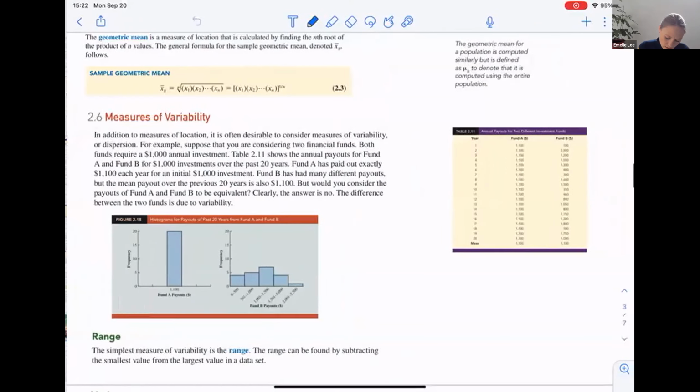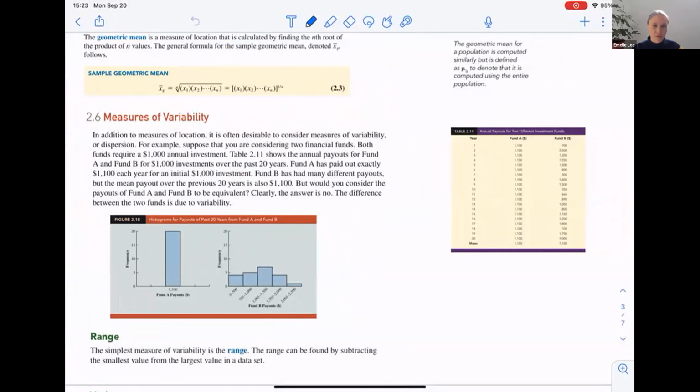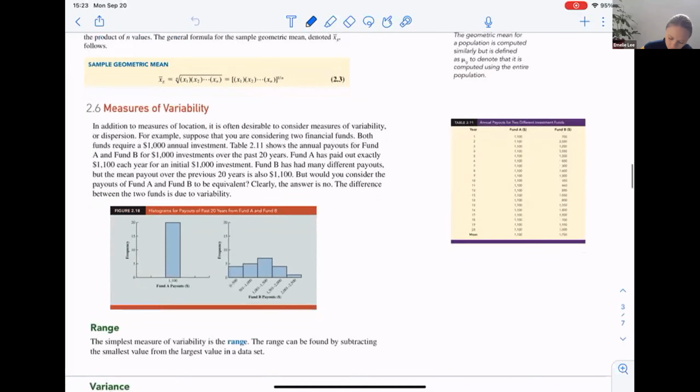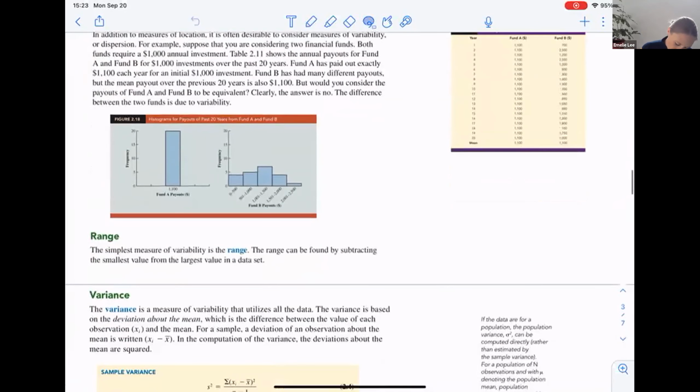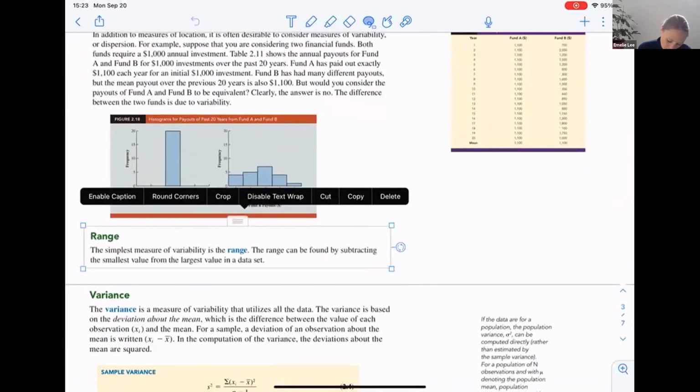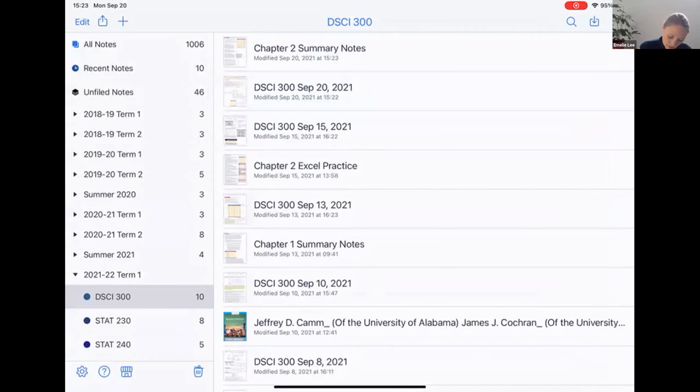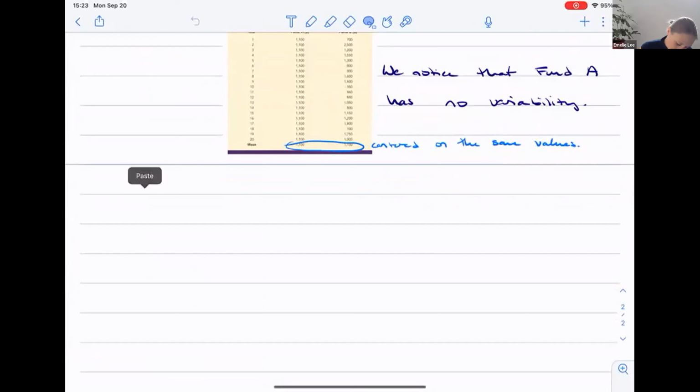So what are some measures of variability, right? That's what we're here for. So we want to be able to quantify that variability, right? That kind of roller coaster action. First thing we're going to talk about is the range, which is definitely the simplest measure of variability.